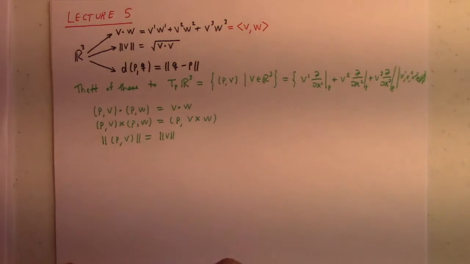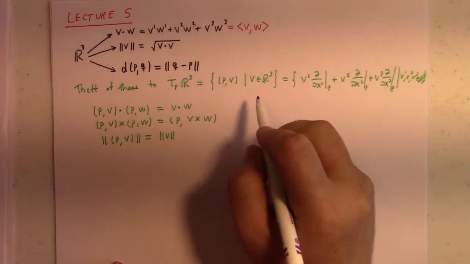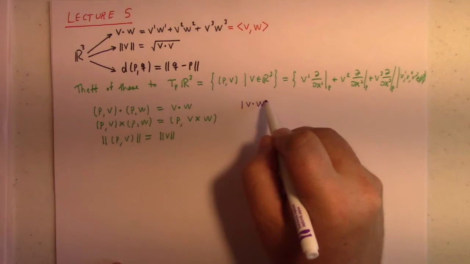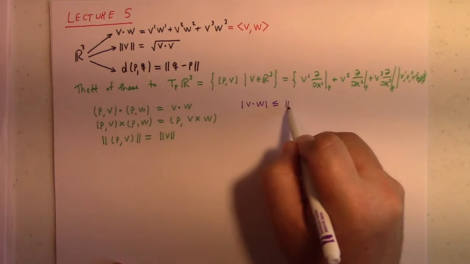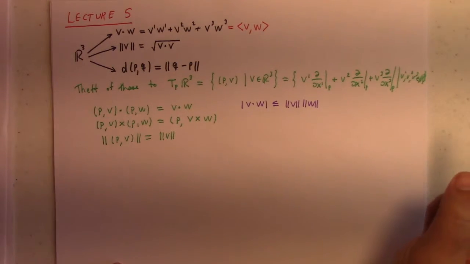Okay, and then the usual formulas are true. You can prove carefully, for example, that the Cauchy-Schwarz inequality is true, so the absolute value of V dot W is less than or equal to the norm of V times the norm of W, right?